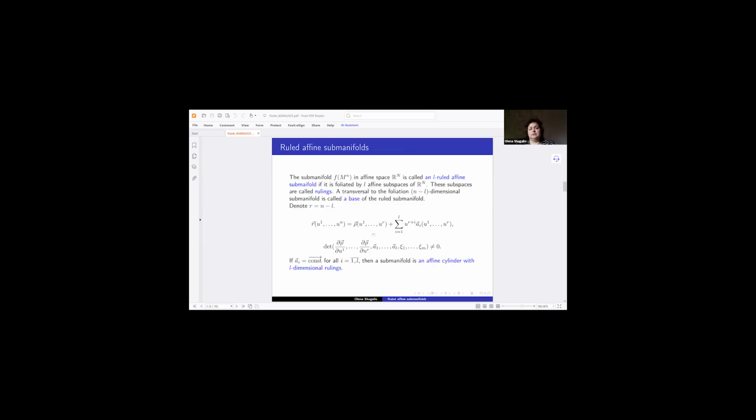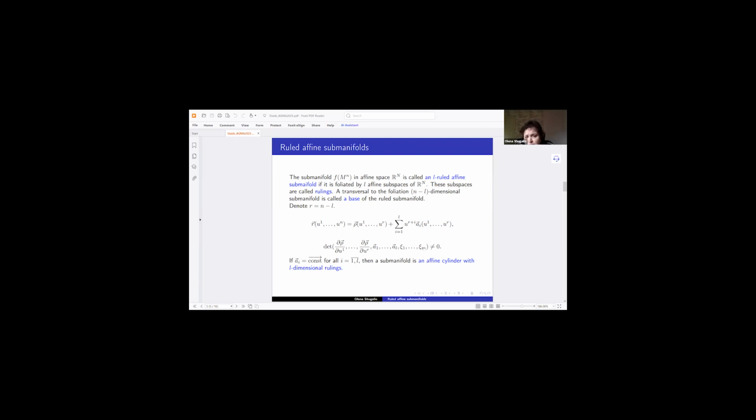If the kernel of the affine fundamental form has a constant dimension, for example L, then this submanifold is an L-ruled affine submanifold. We have such a definition of a generalized L-ruled affine submanifold with (n minus L)-dimensional base.